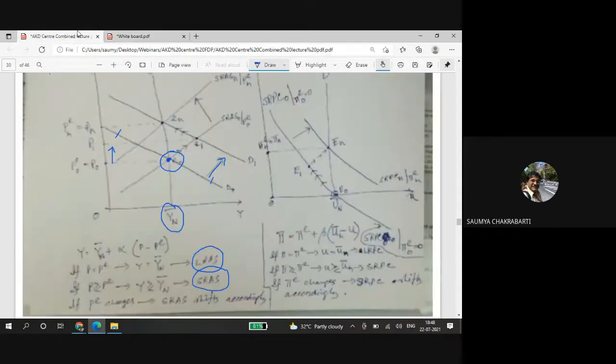So what is happening? The price is rising. When the price is rising, workers don't understand that the price is rising. Say today morning, 10 o'clock, Reserve Bank of India increased the money supply. And very fast in this cyber world, everything is moving so fast that excess money supply is immediately put in the bond market. Bond price rises, rate of interest falls, and investment demand rises. That drives up aggregate demand for goods and services, and that drives up price.